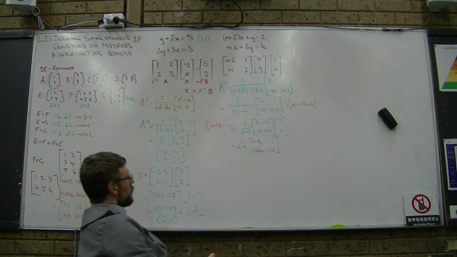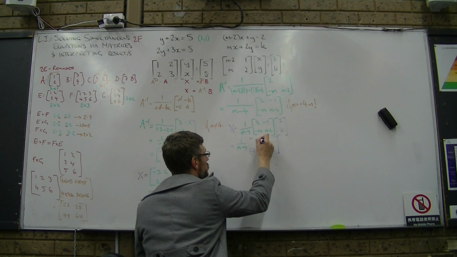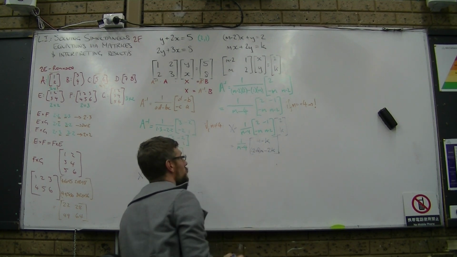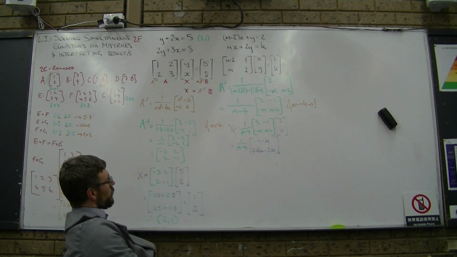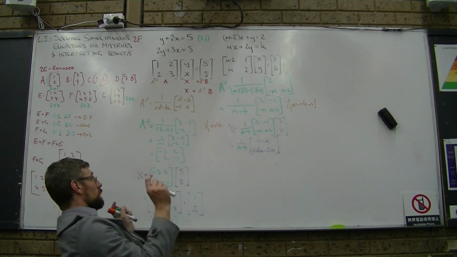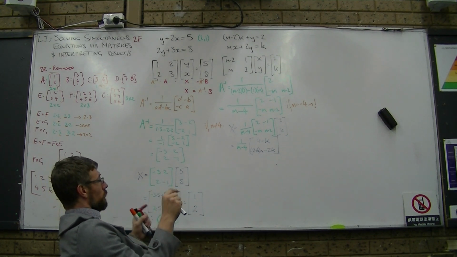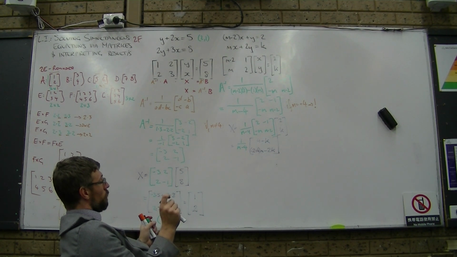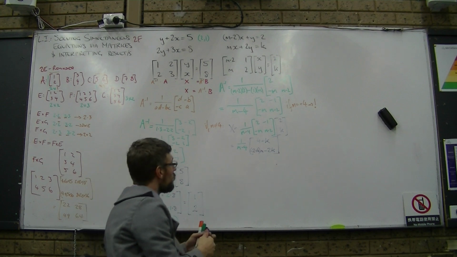There we go. Just in the center. Is that good? That's good. 4 minus k, negative 2m plus km minus 2k. Yep, that's right. Okay. Cool.